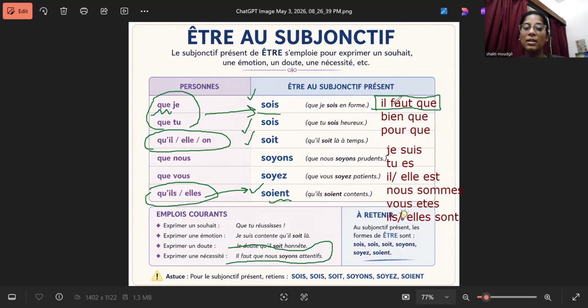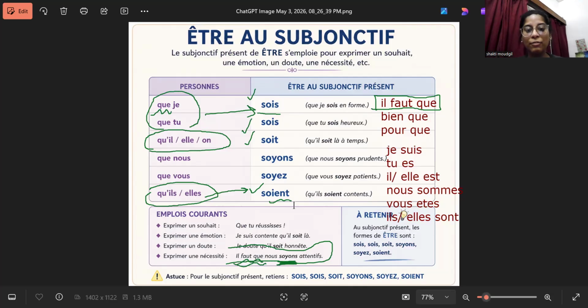It means you need, we must, you must, etc. Il faut que nous soyons attentifs because we've used il faut que here. You must be, or you need to be, or we need to be in this case. It is necessary that, in this case. Because we've used il faut que, we have to use the verb être in the subjunctive form.